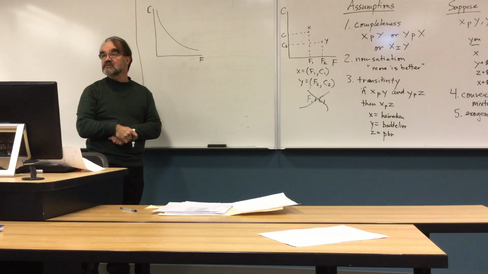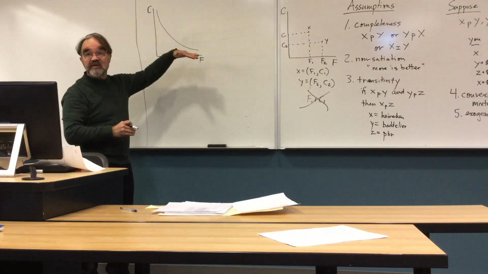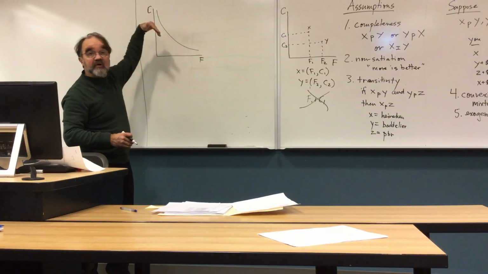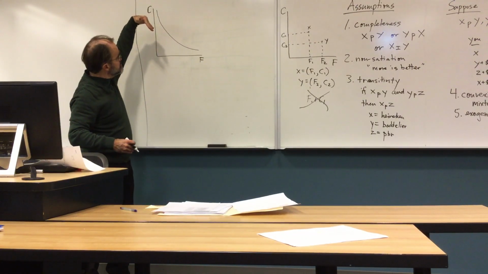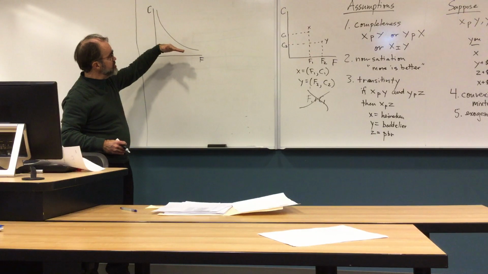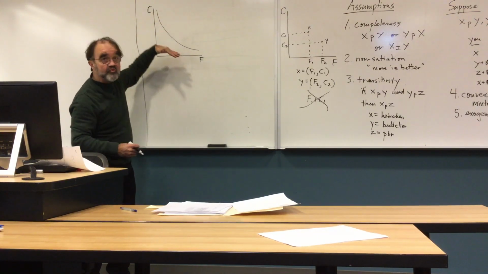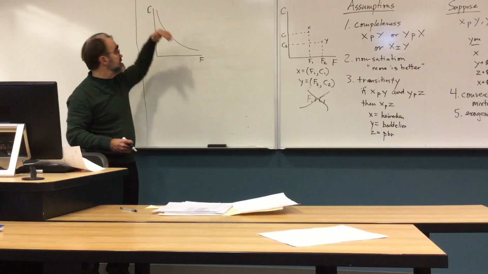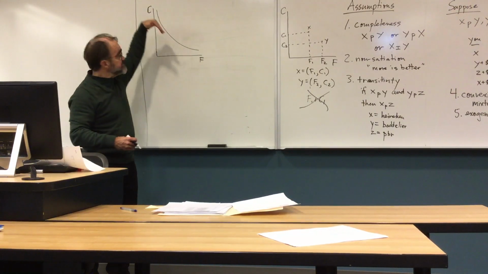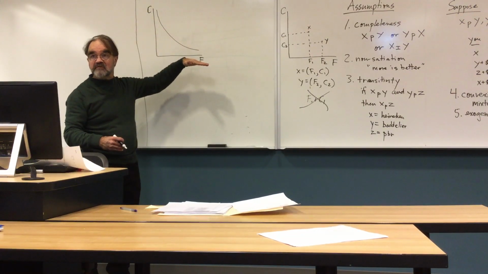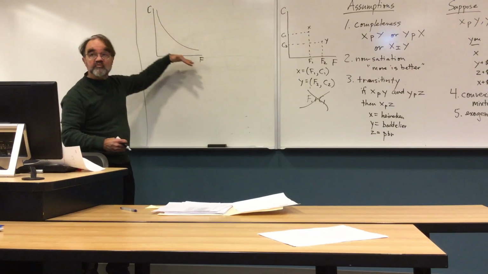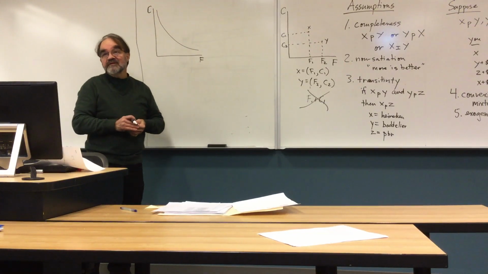That is a convex shape. Convex means in mathematical terms that the slope is increasing. So an indifference curve is downward sloping, so it has a negative slope, but you can see as we move along it, the slope is increasing. It's moving towards positive. In calculus terms, the first derivative is negative, and the second derivative is positive. You don't have to know that part of the definition, but this shape with an increasing slope is convex.